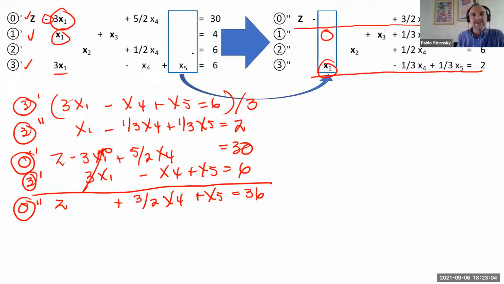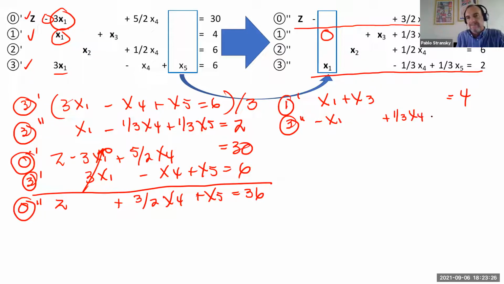So for equation 1 apostrophe, x1 plus x3 equals 4, I'm going to be subtracting equation 3 double apostrophe: minus x1 plus 1/3 of x4 minus 1/3 of x5 equals minus 2.